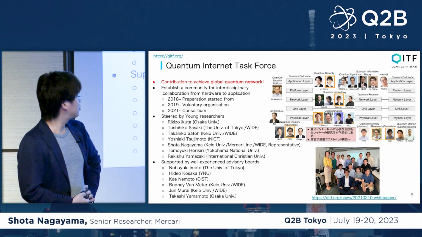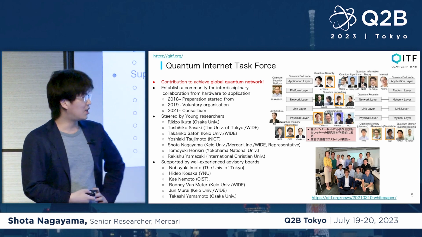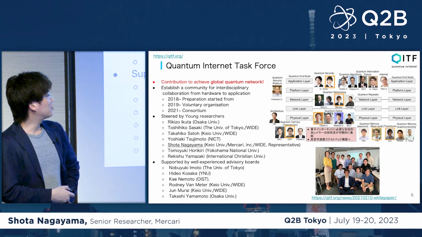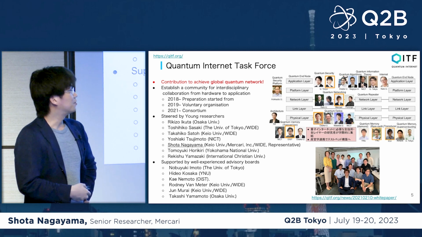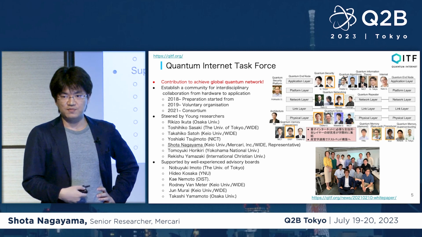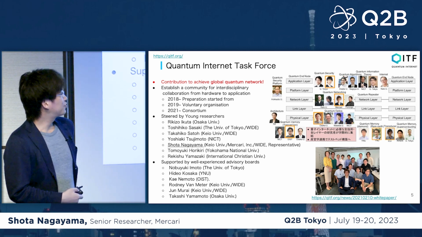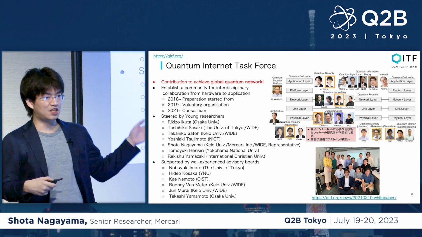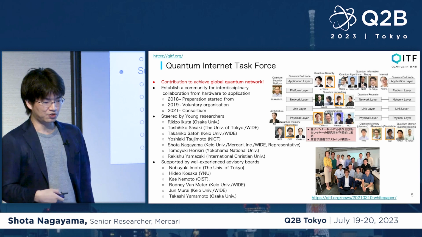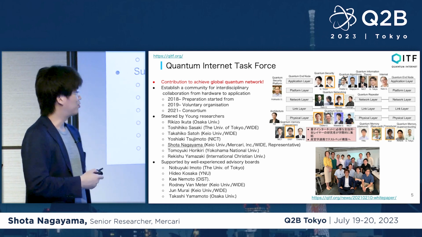The Quantum Internet Task Force is run by younger researchers, and what we have learned is that there are various layers: physical layers, networking layers, the internet-related layers, the distributed processing layer and the application processing layer.